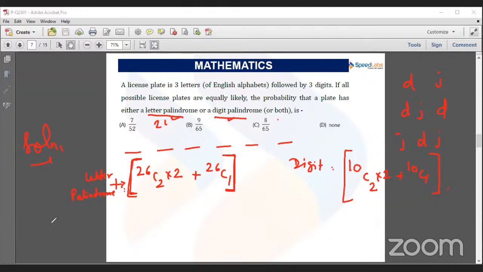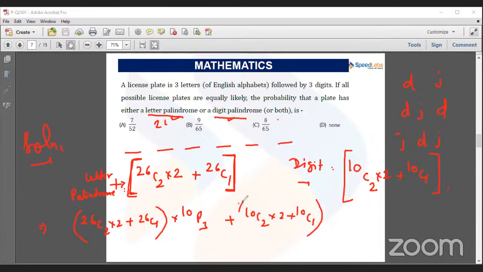So we'll have to find the total number of cases as only digit palindrome, and the alphabets can be arranged in 10P3 fashion, plus this palindrome 10C2 into 2 plus 10C1, and the alphabets can be arranged in their own fashion, minus the cases when both are having the palindrome.